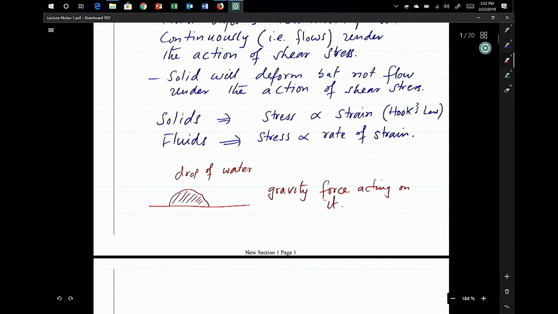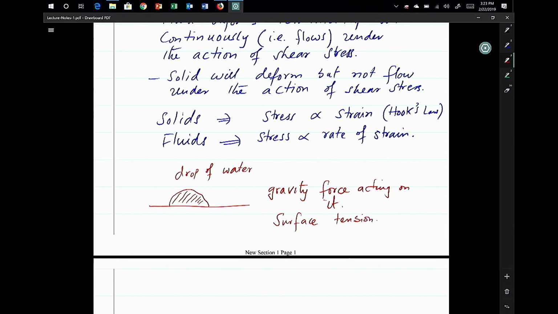But it will not flow. Why? Because of surface tension.